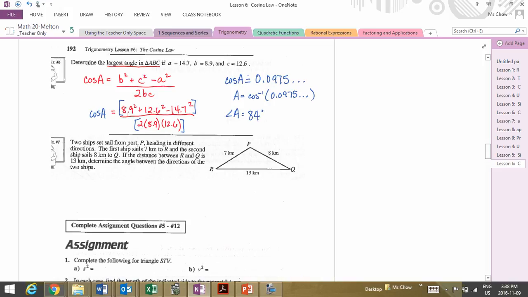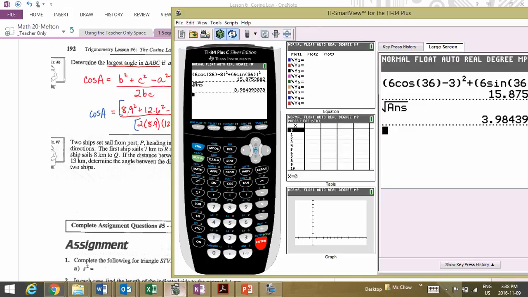So looking at that on your calculator, then what should we be able to see? So if you're not using the fraction function, then we want to open up the bracket for the numerator, and so we would have b squared, so that's 8.9 squared plus 12.6 squared, then minus 14.7 squared.